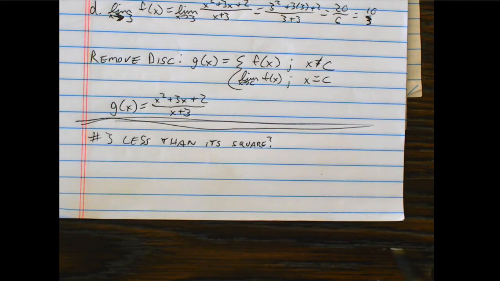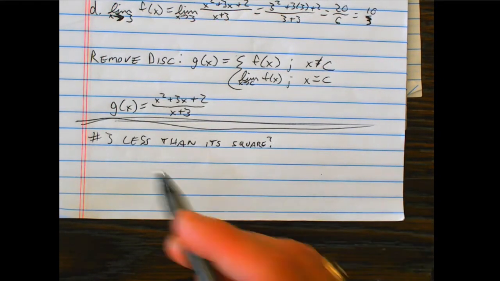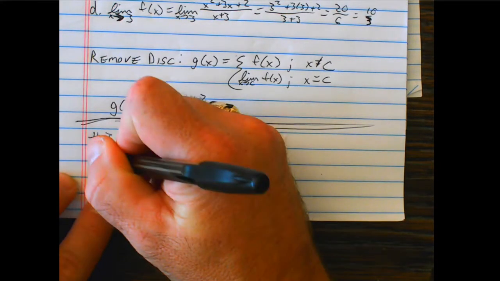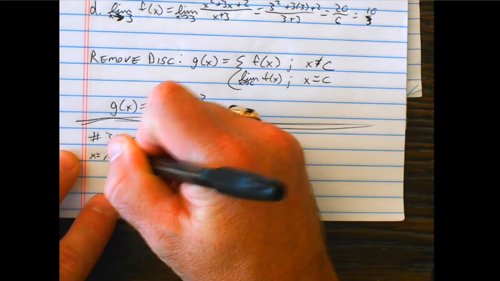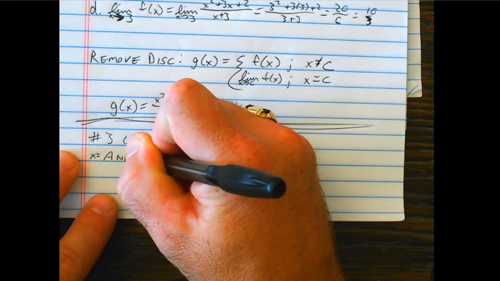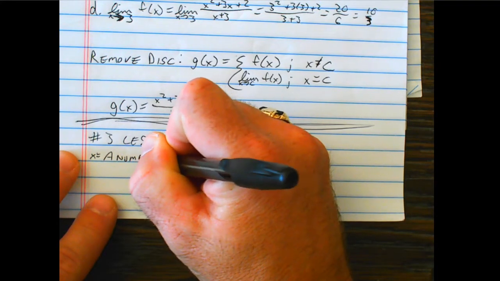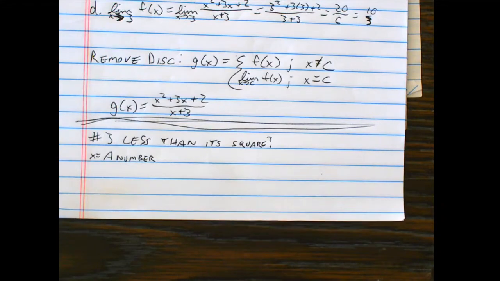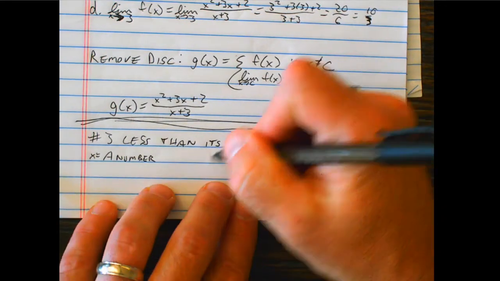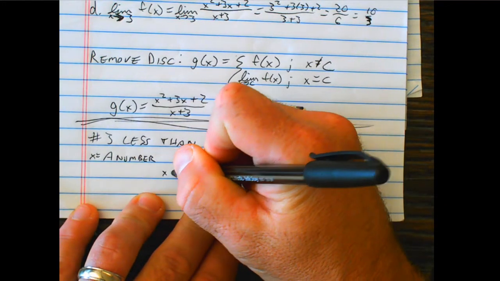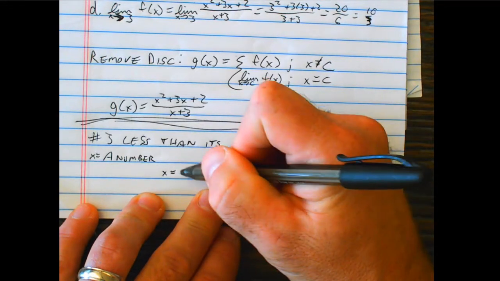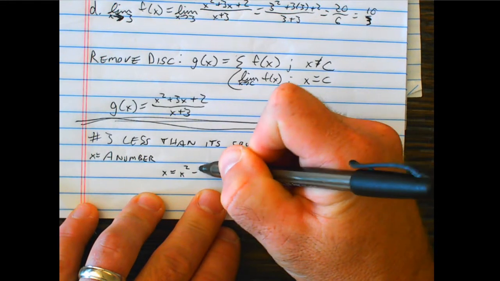But to get to the yes, we have to look at how we define this number. That number is going to be x. x is equal to any number. And the question is, is there a number where x is equal to 3 less than its square?